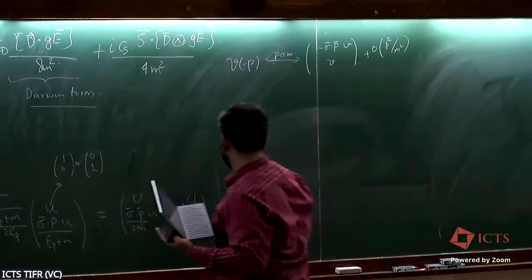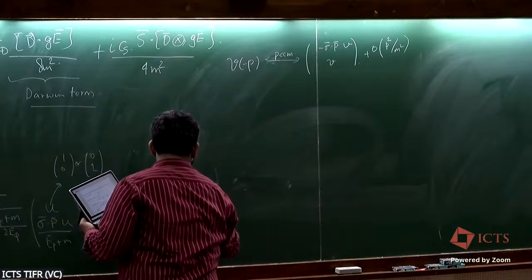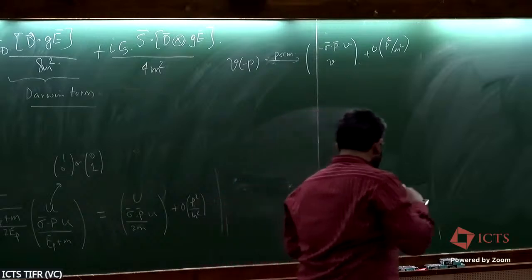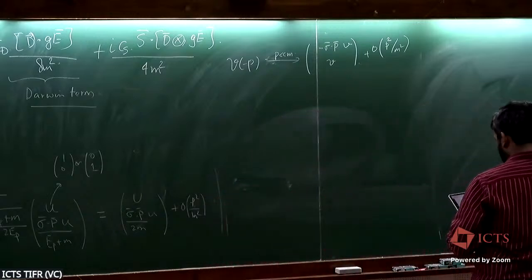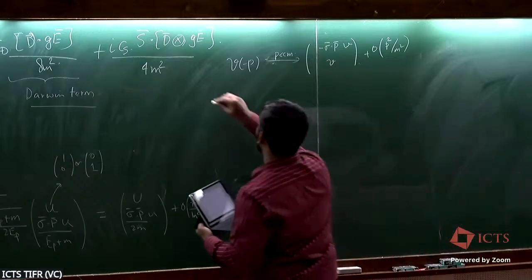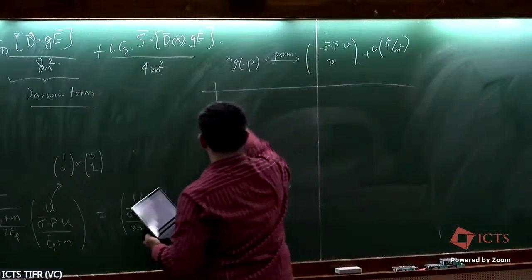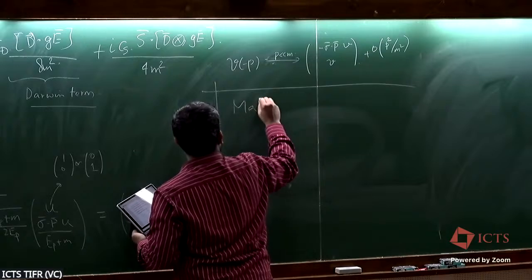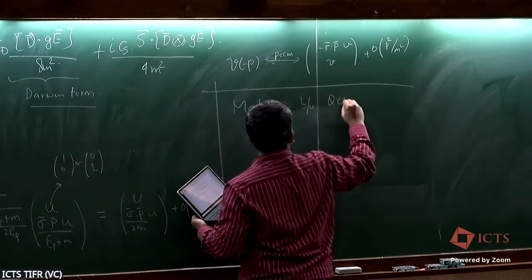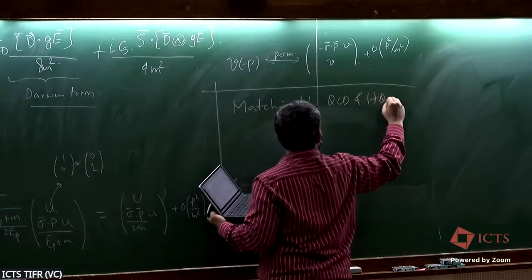So here also order p squared over m squared. And the goal is to perform some sort of a matching between QCD and HQET.